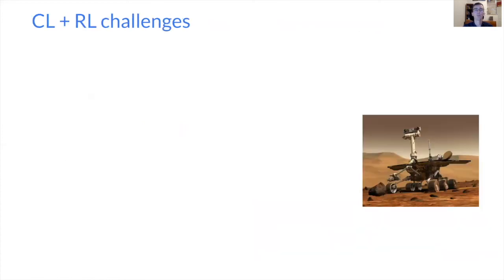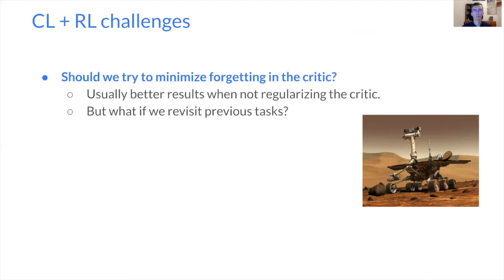Additionally, we were able to identify some unique challenges in terms of combining continual learning and reinforcement learning. In our experiments, we use soft actor critic, which is an actor critic algorithm. So in principle, we have 2 options.